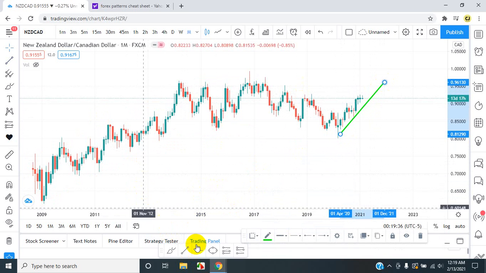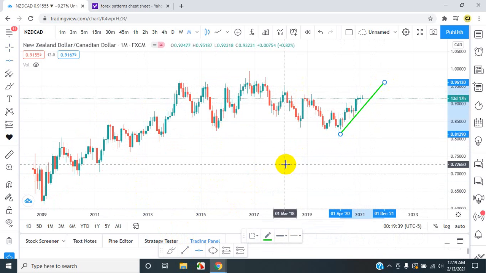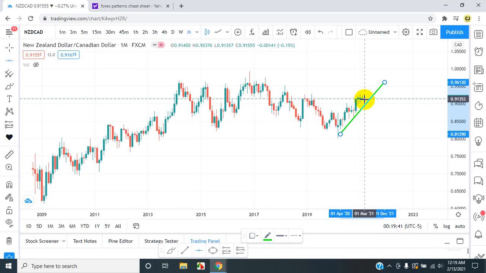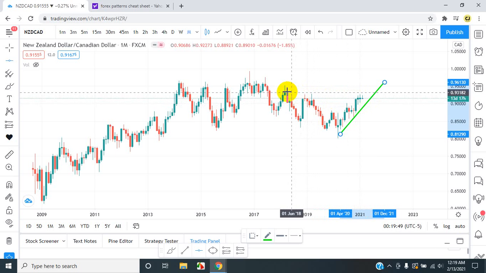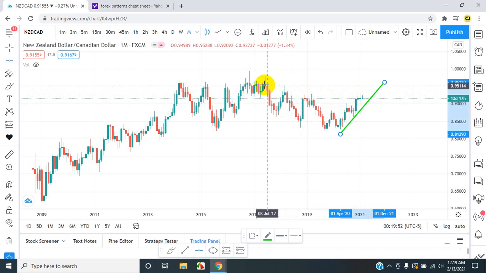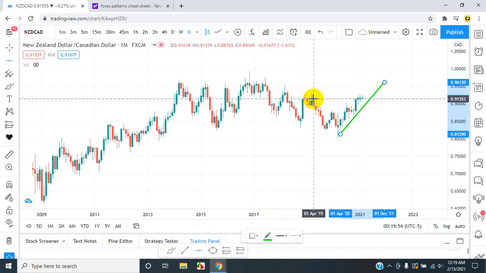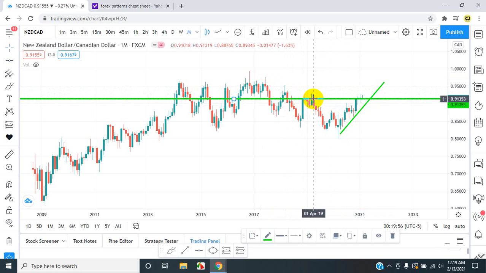From there, we'll be looking for our SR lines. So this is where price is currently at, its last candle. So its last candle is price. Price is trying to break this area here to go up further, to break this area up here to go up further. So if this is where price is currently, we're looking for price to break this area.